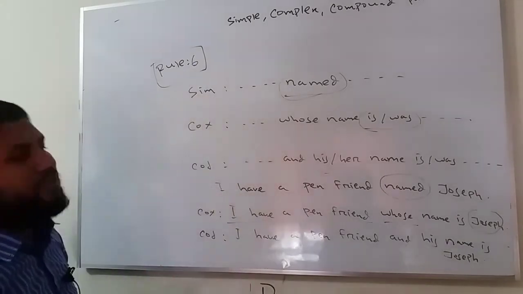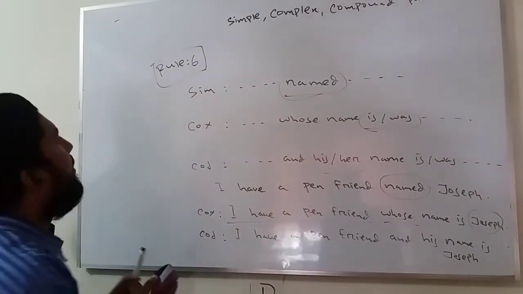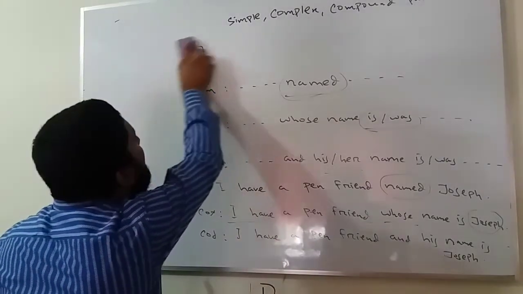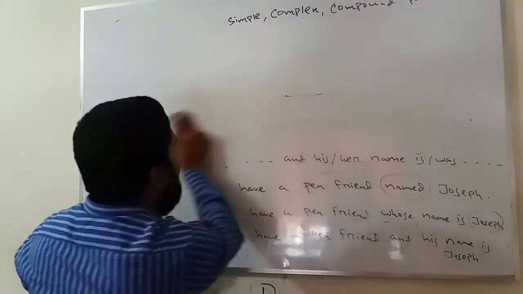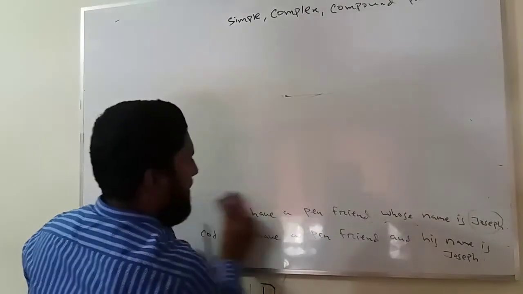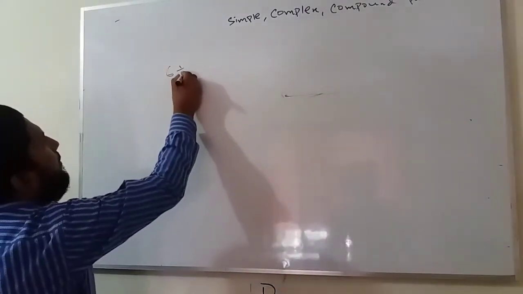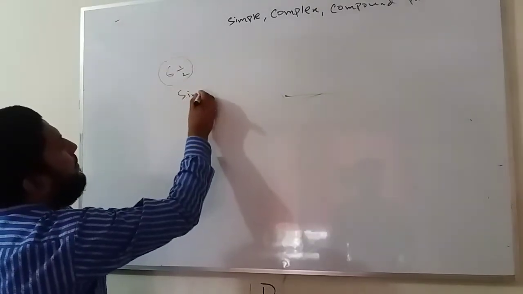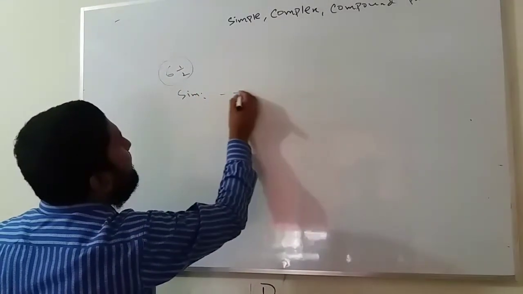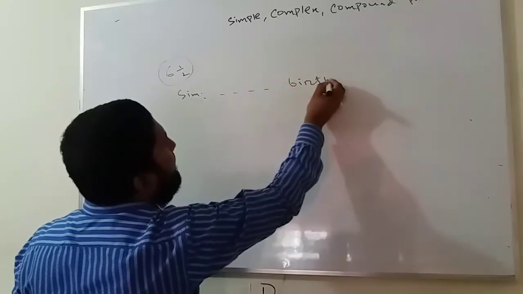There is another part of rule 6, so I have named it rule number 6.5. Look at this, 6.5. In simple form, you will have to find birthplace.